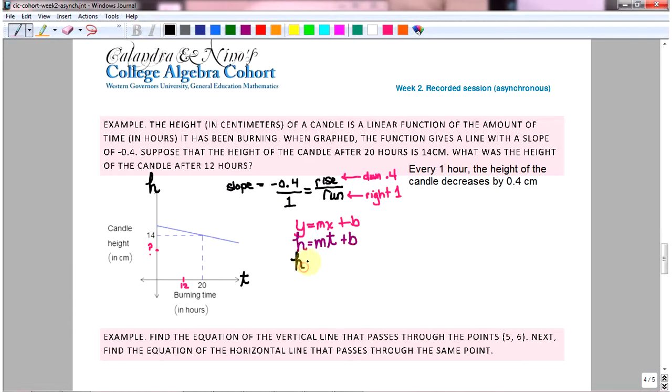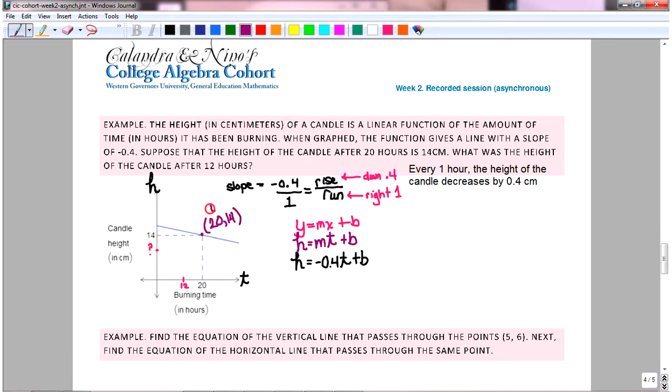We're going to go through the same steps we went through on the last page. We're going to plug in our value of slope, which is negative 0.4 times t plus b. And now we need a point to substitute in for t and h so that we can figure out what b is. Well, we have a point, and that point is (20, 14).